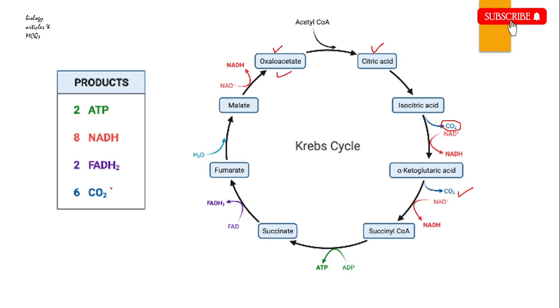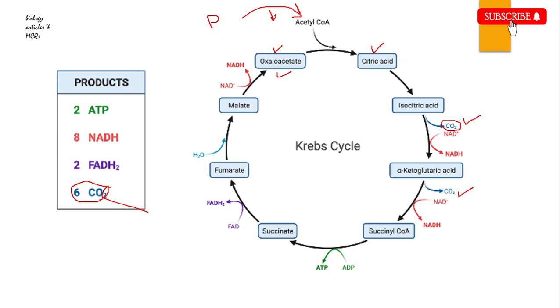Here you can see that there are 6 carbon dioxide molecules written. The 2 carbon dioxide molecules were formed when the pyruvate was converting into acetyl-CoA. When the pyruvate was converted into acetyl-CoA, one carbon dioxide molecule formed here, the second in this step and the third in this step.